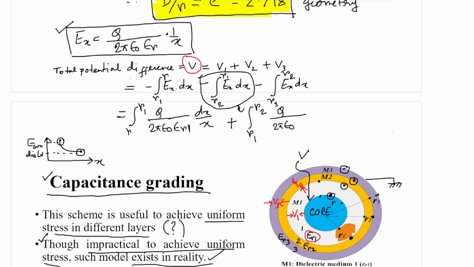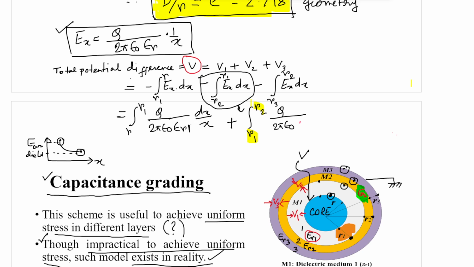Since the integration is done from R1 to R2, it is denoting this region, that means dielectric medium 2, which is characterized by the relative permittivity epsilon R2.